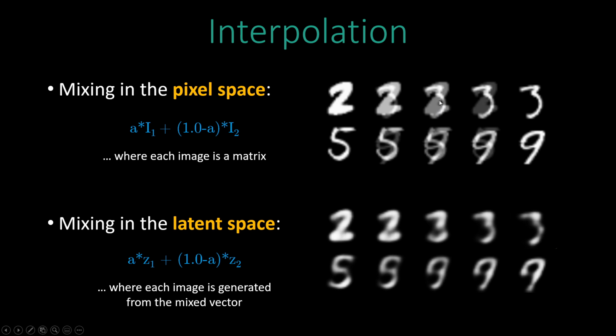Because you're taking pixel by pixel all of those values and mixing them together, you will have grays here, and then also grays here, and then some number here. This is a mixture of those two images, but not something that we would understand conceptually. This is not a mixture of these two numbers. Conceptually, it's a mixture in pixel space.